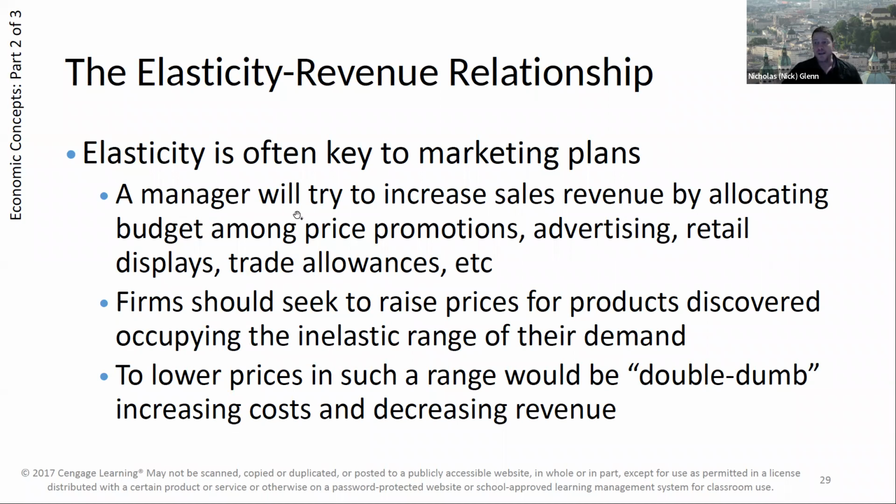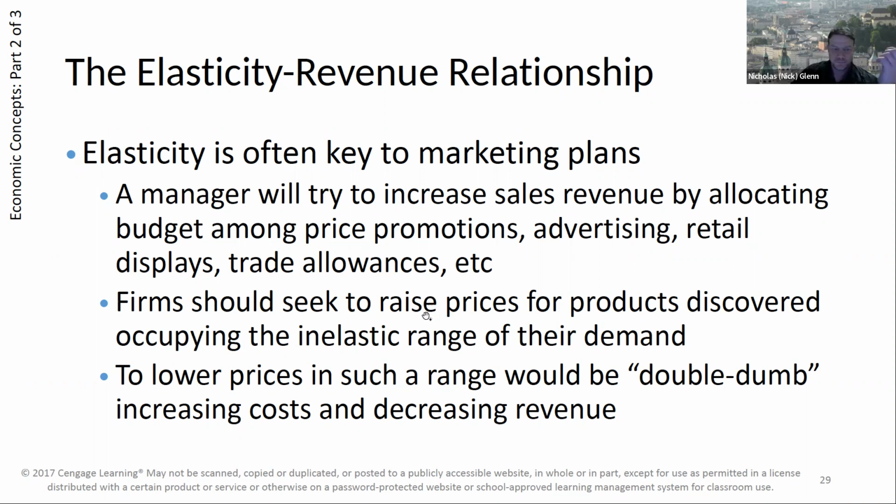And so how this relates to managers: you really need to know what's going on with your product at its current price and level. Is demand for it inelastic or elastic? Managers want to try to increase sales revenue by using part of the budget for price promotions, advertising, and different things.